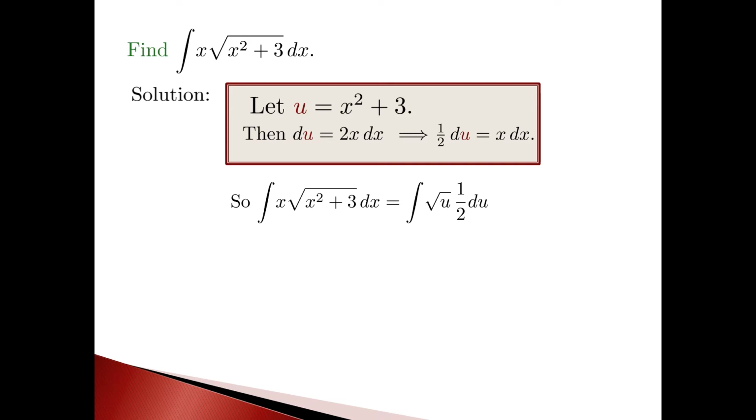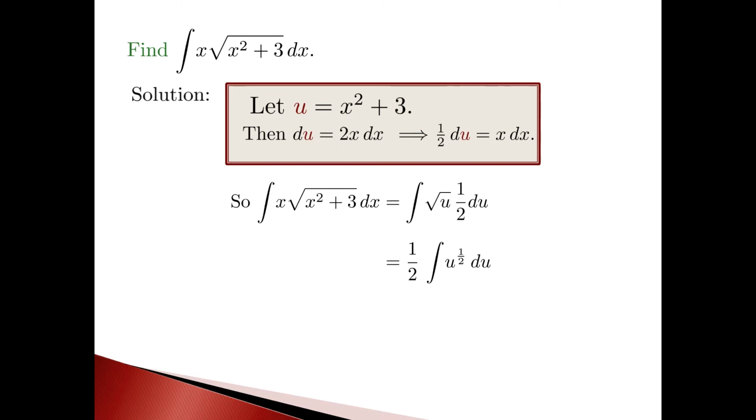So I'll have an integral with u's in it and also a du at the end. So they've got to have the same letter all the way through. Well, I do a little algebra on the line above, and x times dx is 1/2 of du. So I replace the x and the dx with 1/2 of du. And again, if that still seems a little weird and freaky, pause it and reread it until it starts to get clearer. Okay? All right, so now how would I integrate something like this?